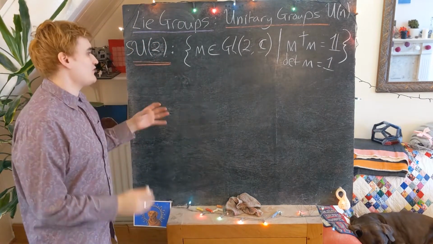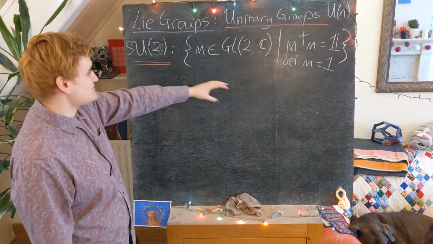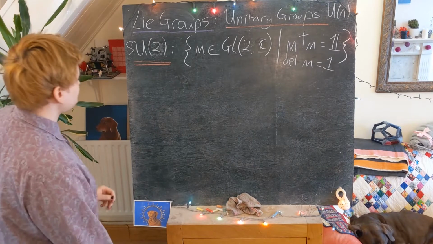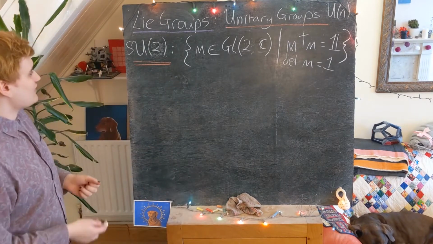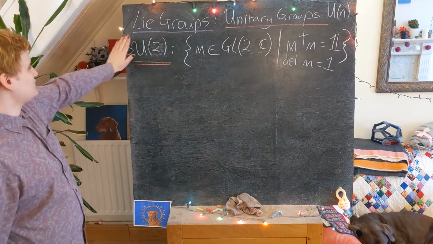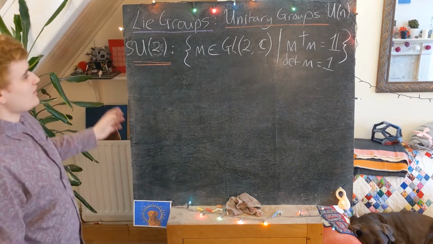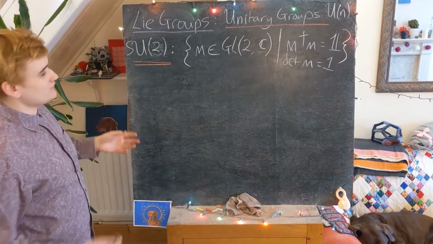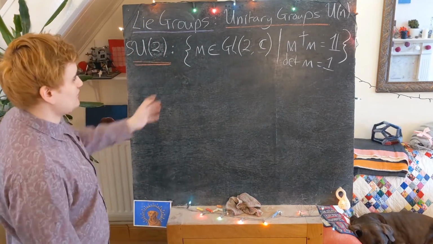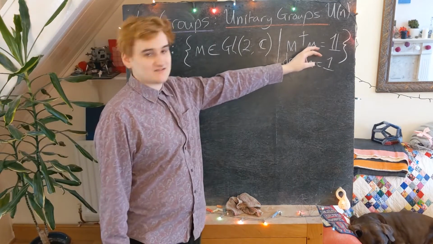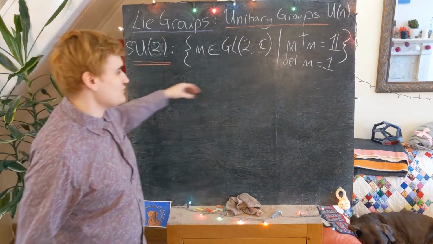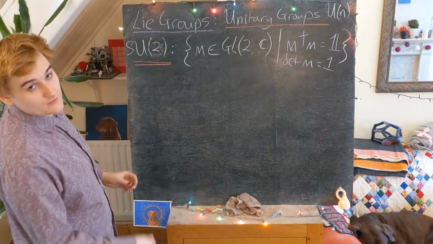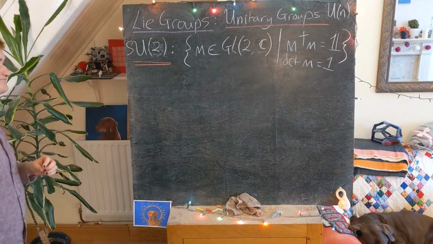And so now we're going to want to come up with some set of complex matrices that satisfy both of these requirements. And now there are a number of ways that you could go about doing this. You could, first of all, start with the group U2, work out what the matrices are going to be that satisfy this condition. You'll find some fairly nice constraints on the matrix elements from this condition, and then using this condition you'll be able to solve and come up with the general form of any SU2 matrix.